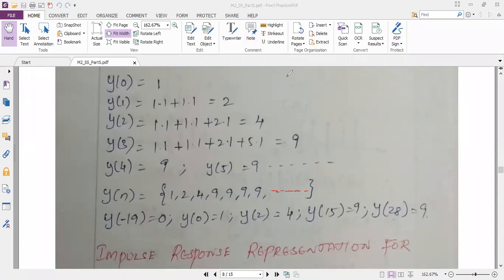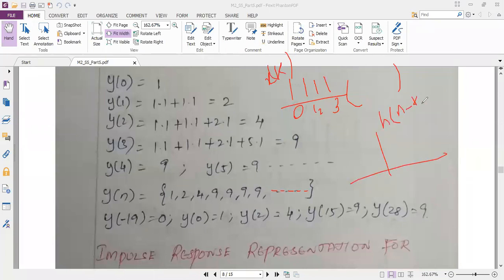Because I have only 4 samples in x of k, from 0 to 1, 2, 3. After 3, I do not have any samples in x of k. But in h of n minus k, I will get infinite samples towards the right hand side.